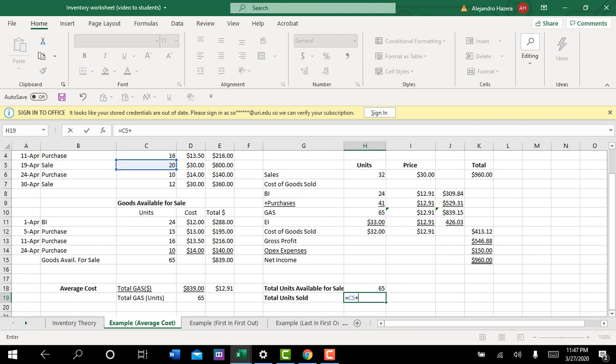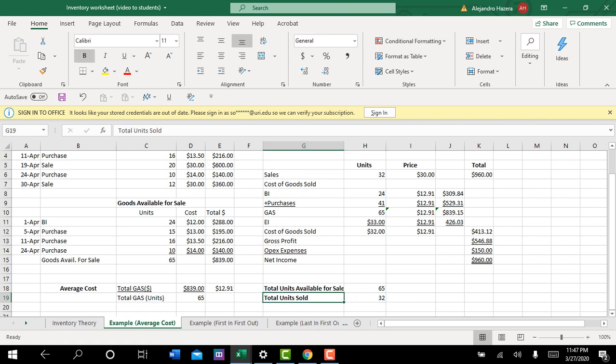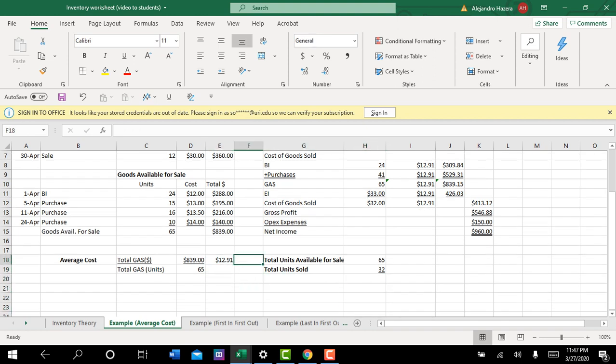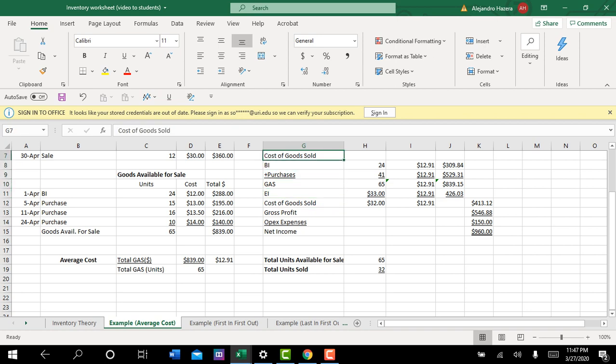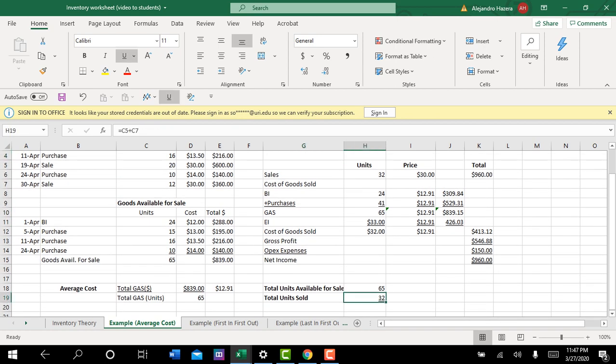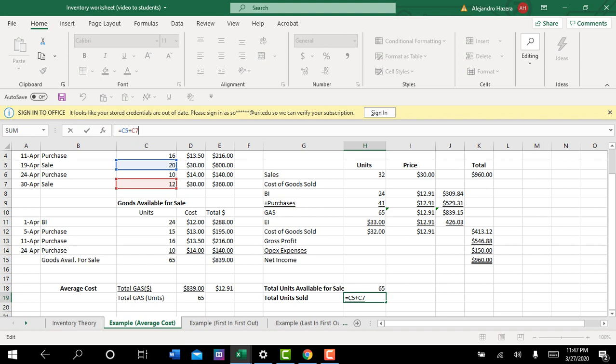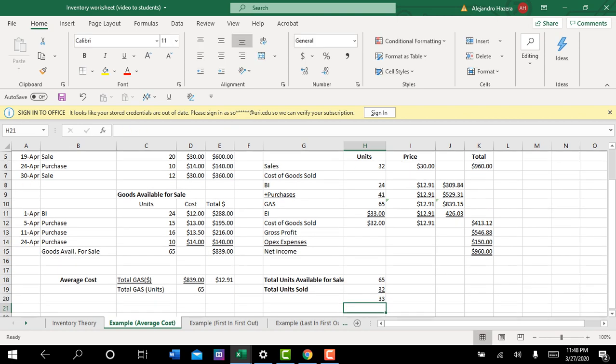That's how I'm getting those. Now if I put a line here, you take the total units available for sale, that number right there, and subtract out the total units sold, the sum of those two numbers. That will give me my ending inventory.